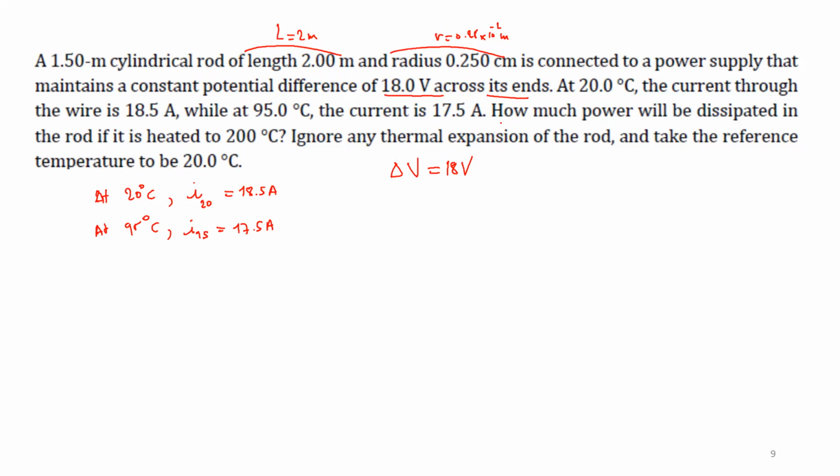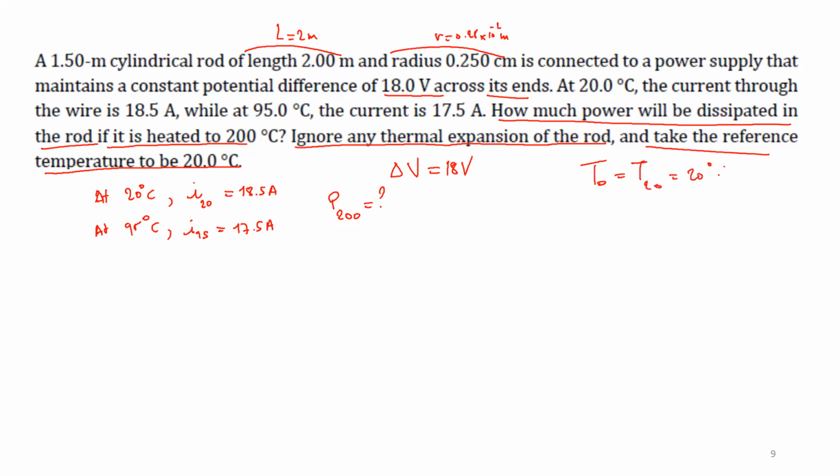Okay. Now the question is, how much power will be dissipated in the rod if it is heated to 200 degrees Celsius? So I want the power at 200 degrees Celsius. Here I'm saying ignore any thermal expansion of the rod and take the reference temperature to be 20 degrees Celsius. So T0 will be 20 degrees Celsius.